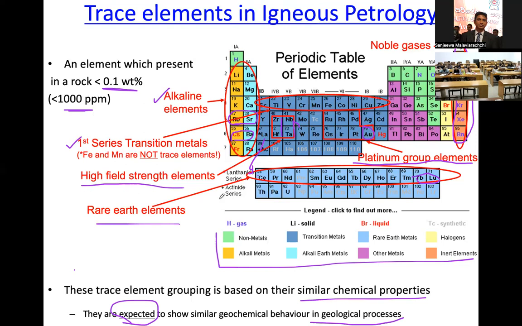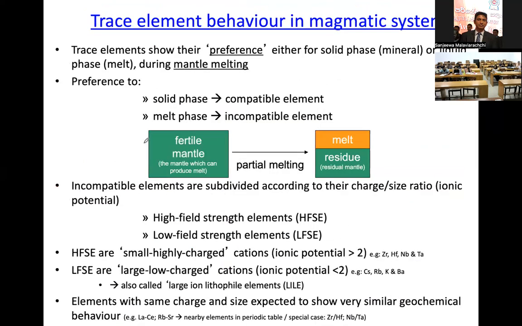So we will move to the next part, that is entirely based on the periodic table. Okay, so we determine a kind of a preference, whether some elements like the solid phase or they like the liquid phase.